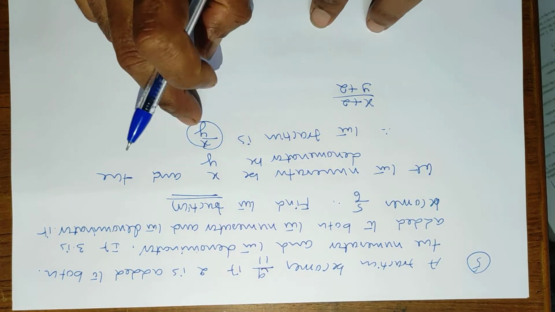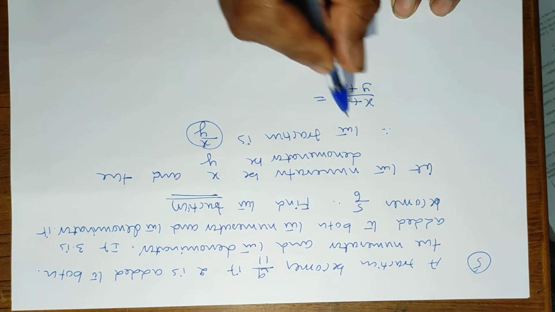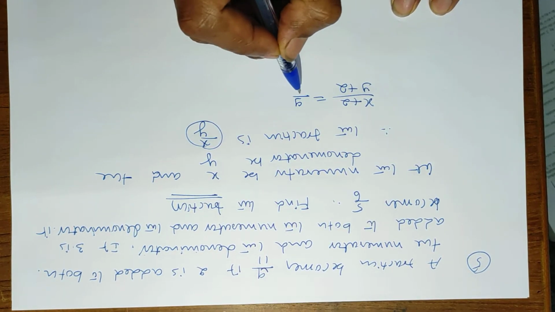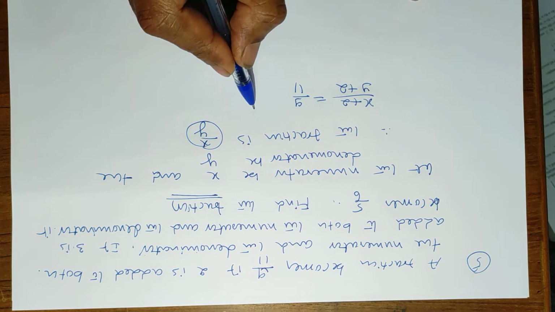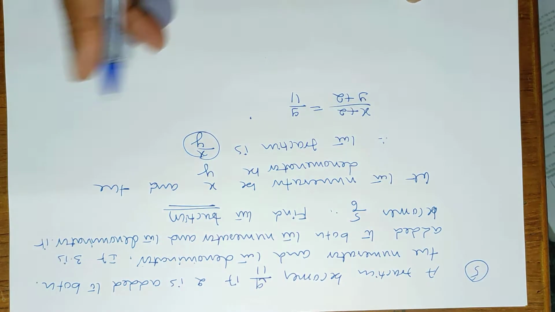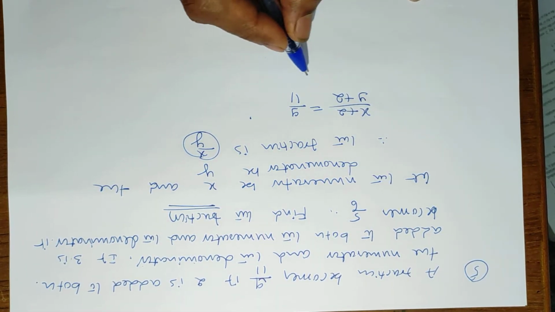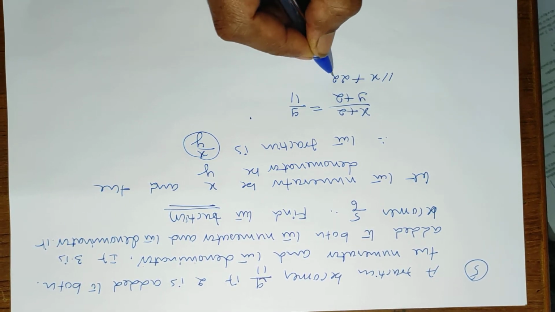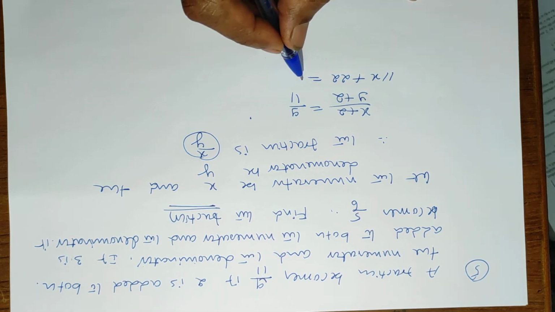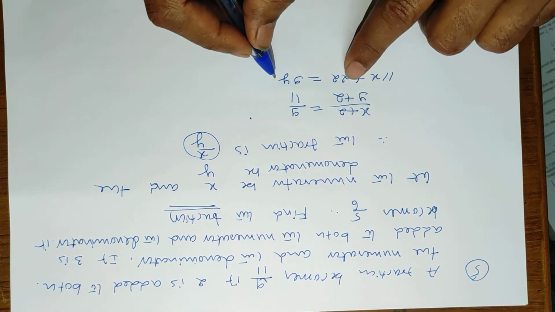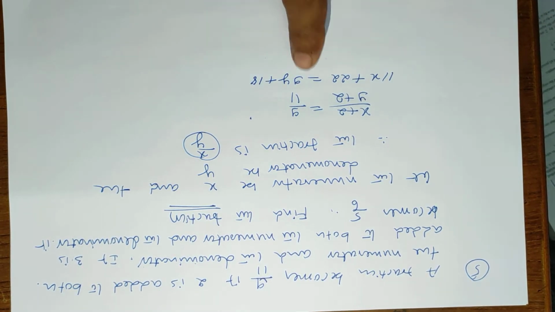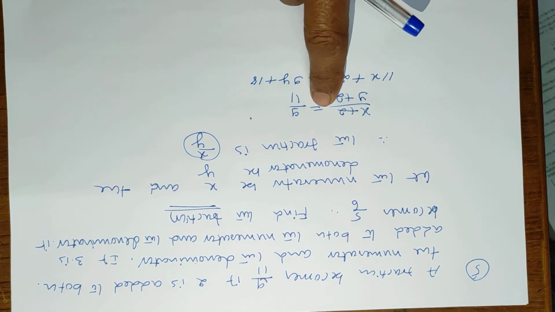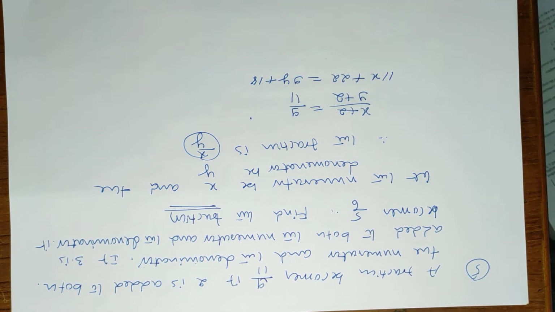If 2 is added to both numerator and denominator, it becomes 9/11. So let me cross multiply this. 11x plus 22 is equal to 9y plus 18.